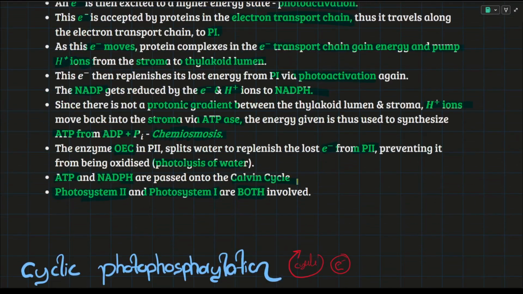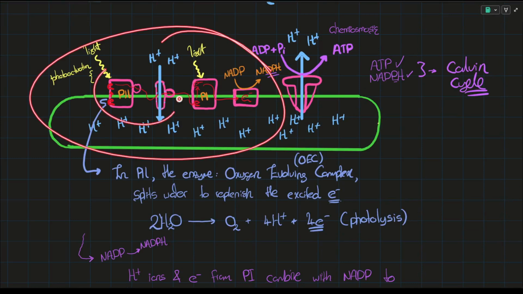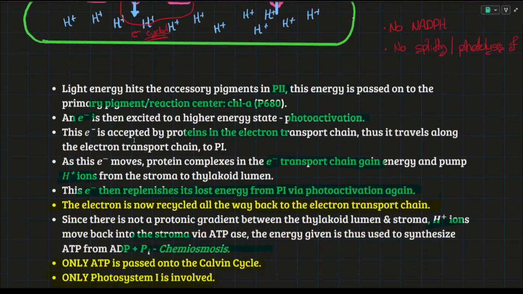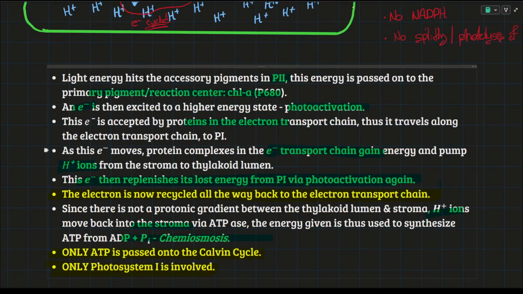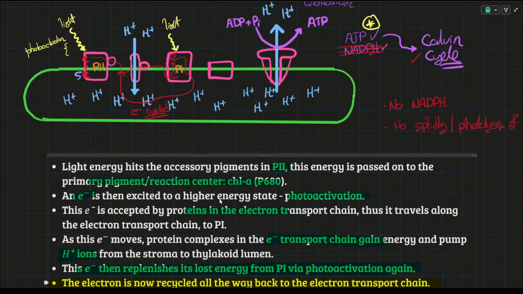Now here, photosystem 1 and 2 are both involved. There's no doubt. You can clearly see that it's going to constantly keep occurring like this. No difference here. Because of this recycling only, photosystem 1 involvement is the only one present. My advice to you would be, don't think about it too much. Don't try to be too literal. Just remember that only photosystem 1 is involved.